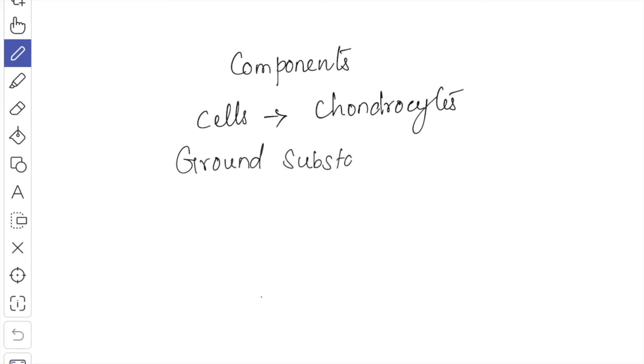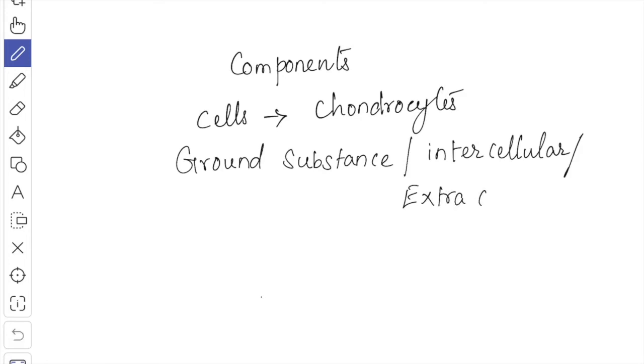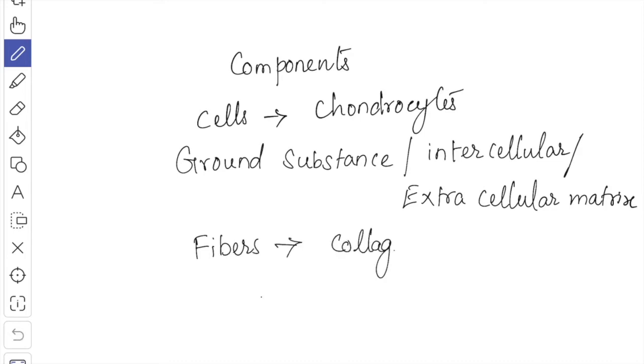So this ground substance is also known as the intercellular matrix or the extracellular matrix. Then you have the fibers. The fibers mainly present here are the collagen fibers.